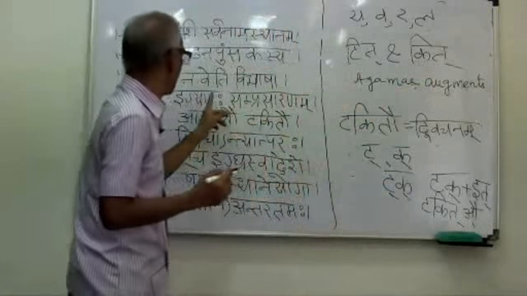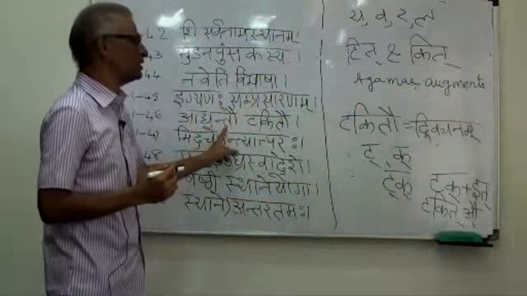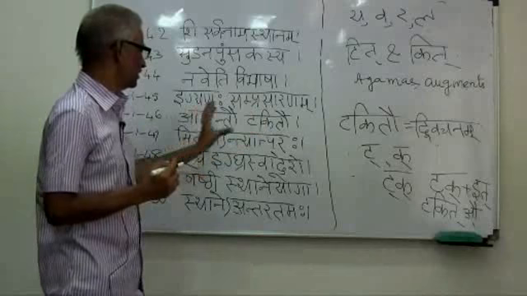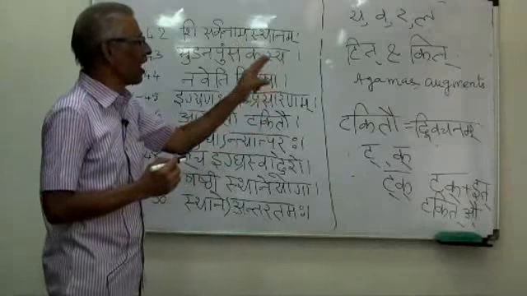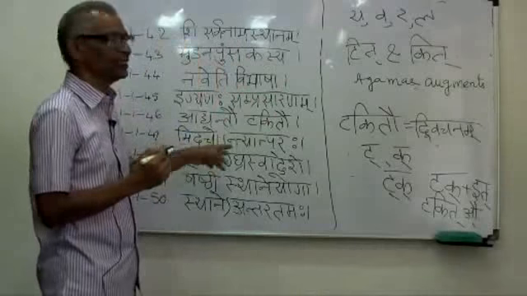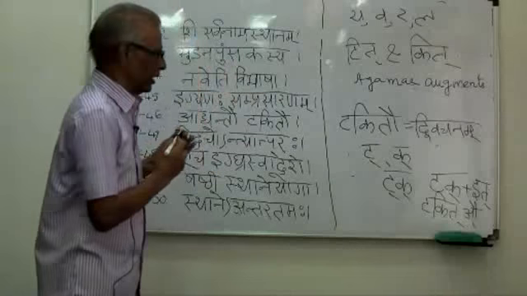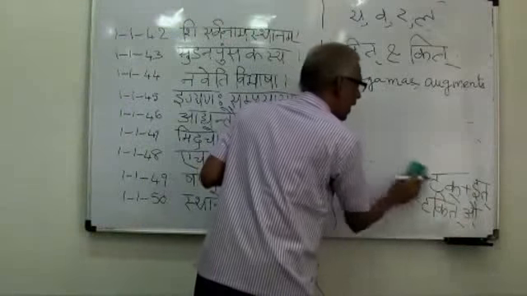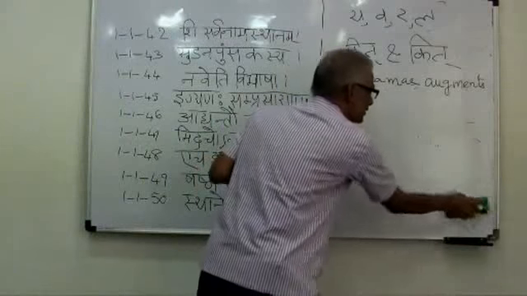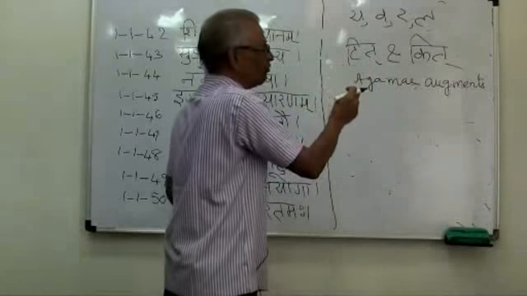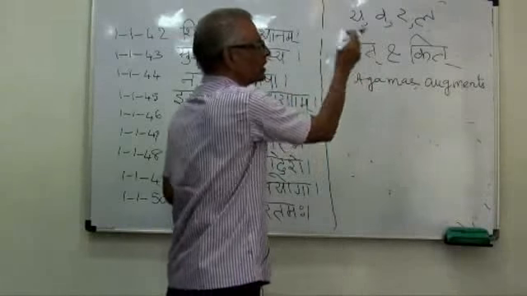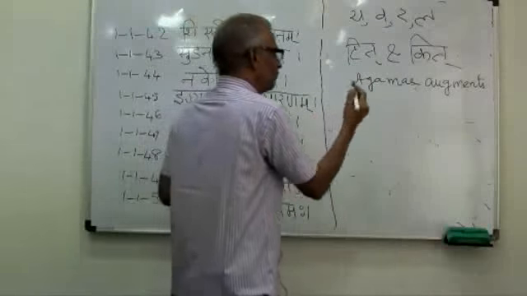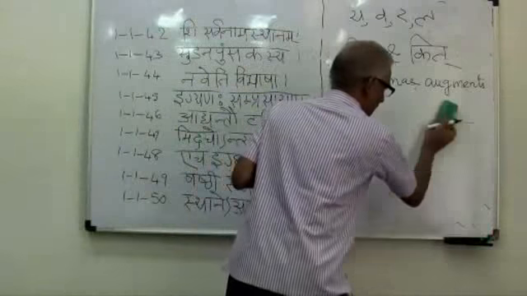That is why tit adih bhavati, kit antah bhavati. If you briefly tell the meaning of this rule, tit agamah adau bhavati, kit agamah ante bhavati. When a tit agama is imposed on a particular word, it comes before the word, and when a kit agama is imposed, it comes at the end of it. If you take examples, it will be better understood.